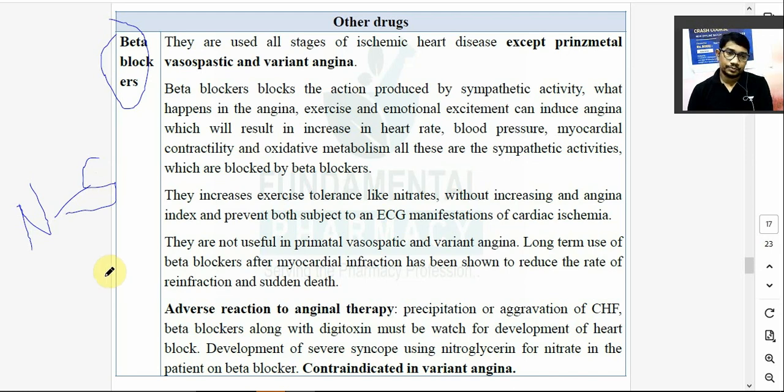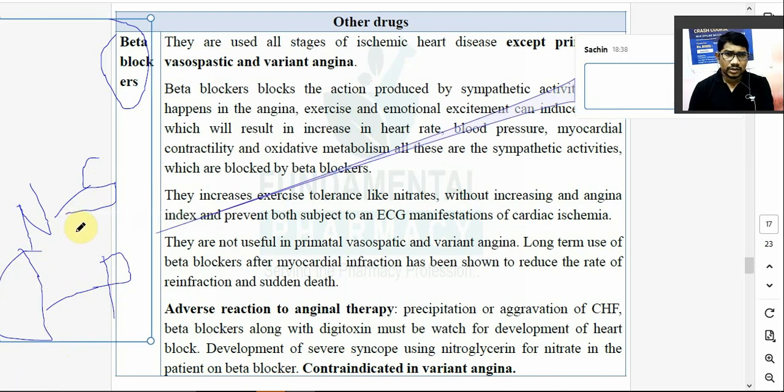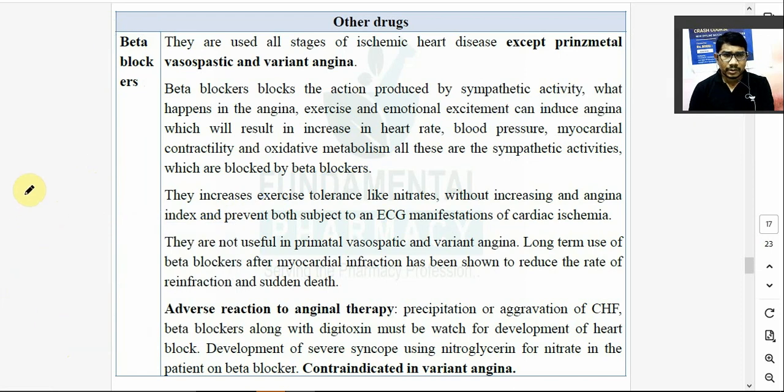Now, all other drugs are used for prophylaxis. Prophylaxis means prevention.